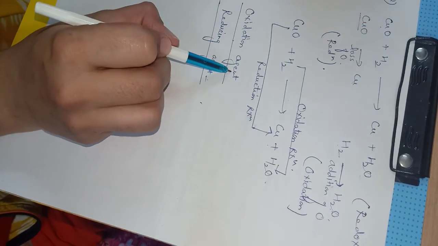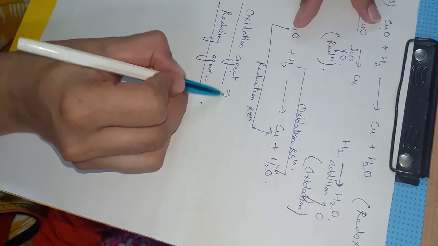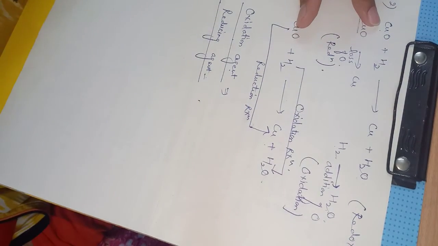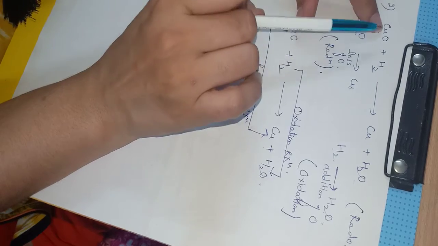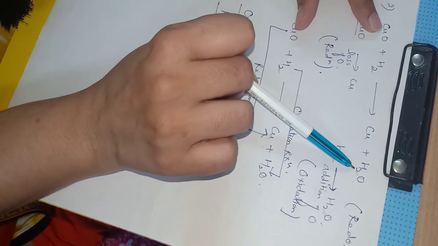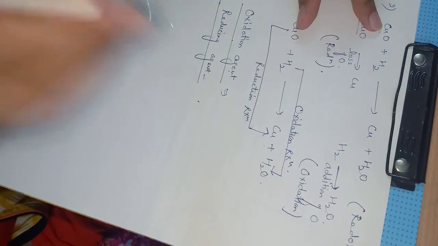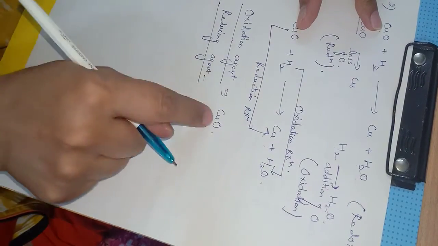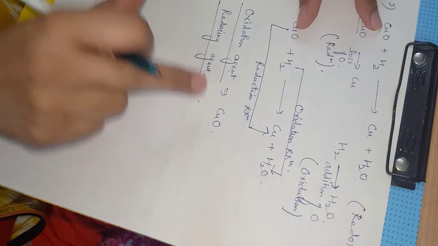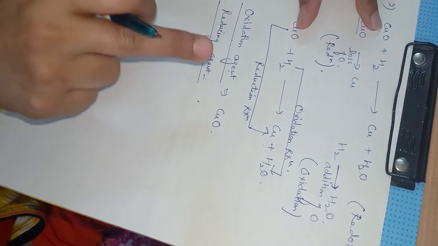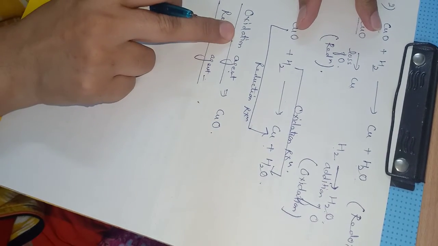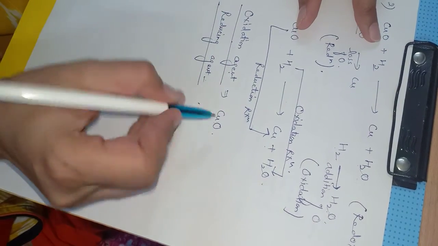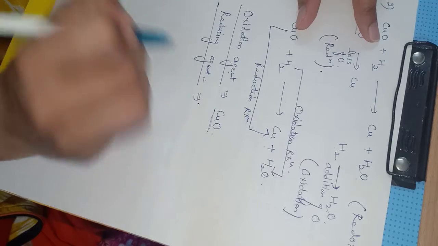Simply remember this: the substance which has oxygen in this chemical reaction is the oxidizing agent. So CuO is the oxidizing agent, because only this can help in oxidation, as it will easily give oxygen. So it helps in oxidation, and the substance which helps in oxidation is known as oxidizing agent. So CuO is the oxidizing agent here.